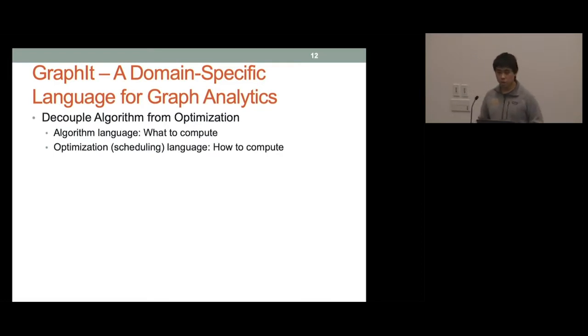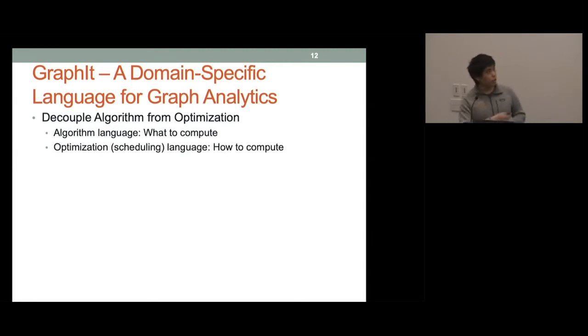The algorithm language allows the programmer to just specify the logic of the algorithm they're trying to implement. And the code for this algorithm language looks pretty similar to pseudocode you might see in an algorithms textbook. You just have to specify the logic of the algorithm. And then in the optimization language, we're going to specify how we want to optimize particular parts of the algorithm that we wrote.